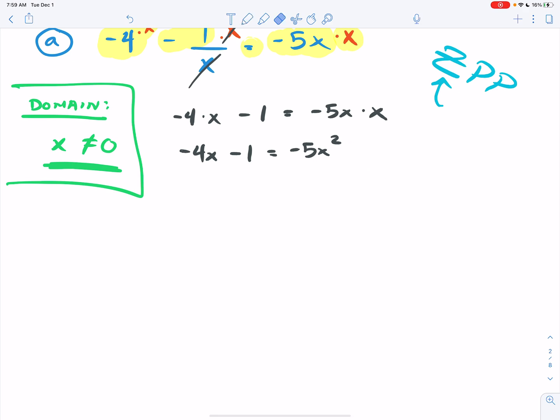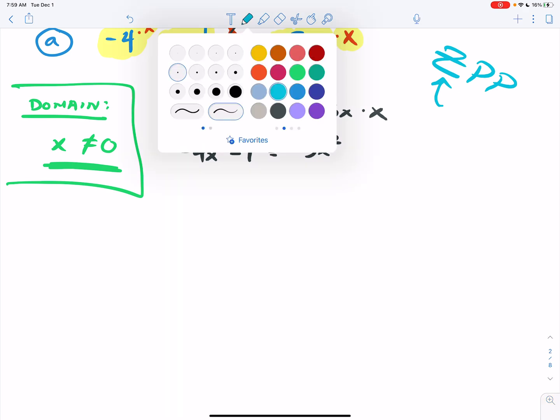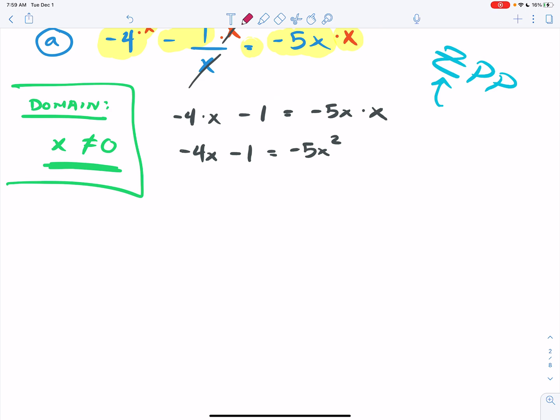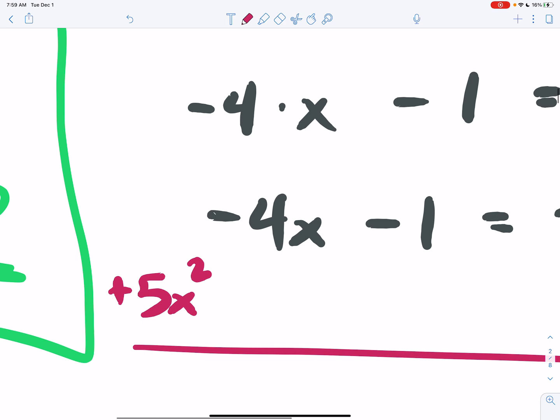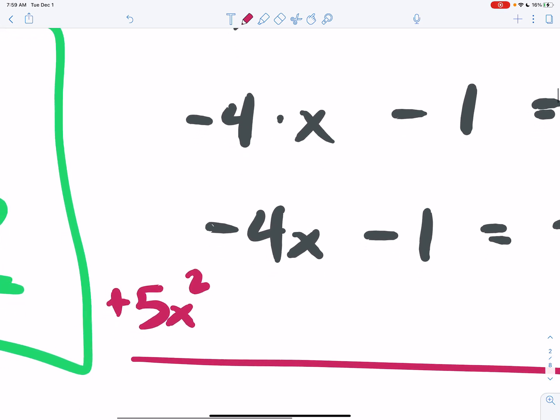So here we go. In order to move a -5x squared, we do the opposite operation, which is add 5x squared. Now I'm going to go ahead and add 5x squared over here because there's no other common terms that can go with it. I wouldn't add it to the -4x because the 4x doesn't have a square on it. And -1 is just a constant, okay?